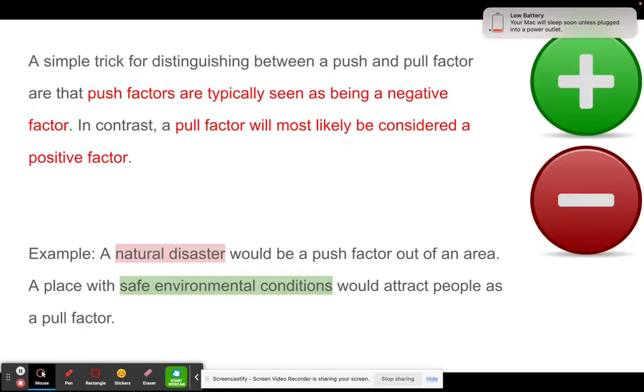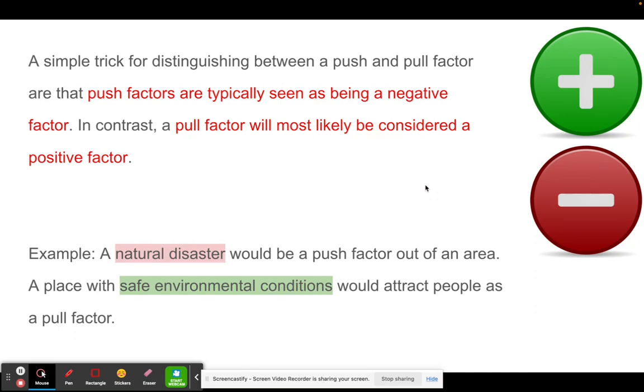So, a simple trick for distinguishing between push and pull factors is that push factors are typically seen as negative, and a pull factor will most likely be considered a positive factor. So, here's an example.